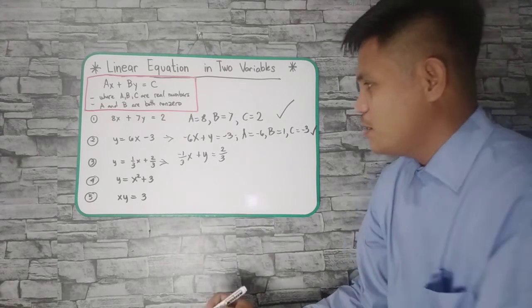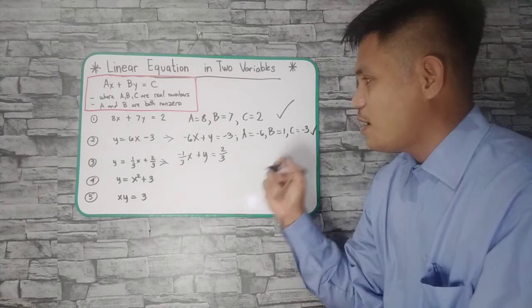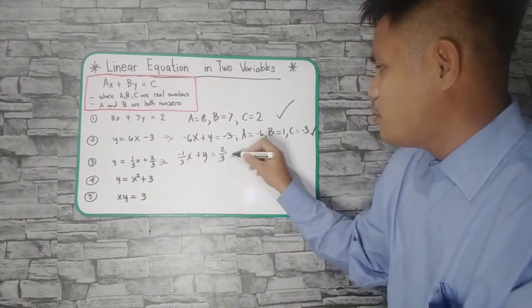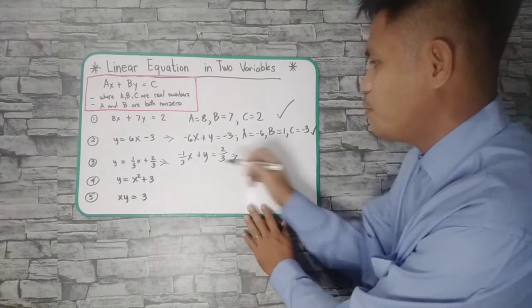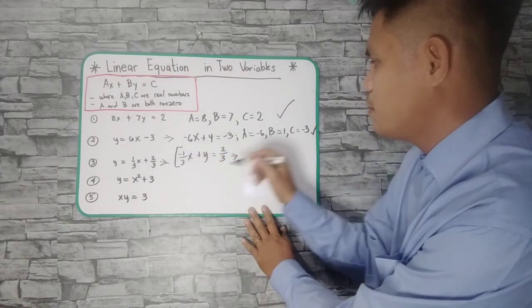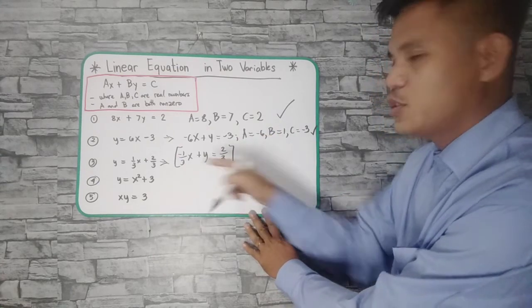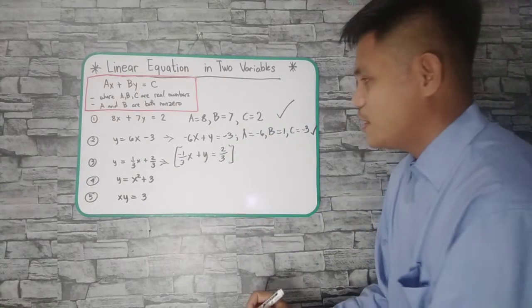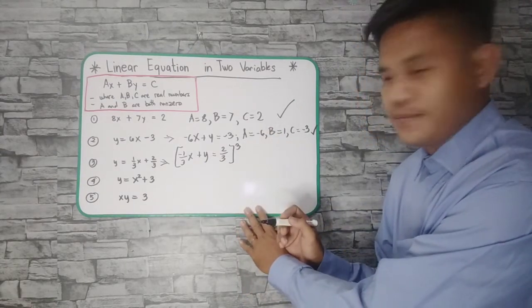As you can see, it looks like a standard form, but we can still write it in a more standard form by simply removing the denominator 3. So how are we going to remove that 3? We have to multiply it by 3.